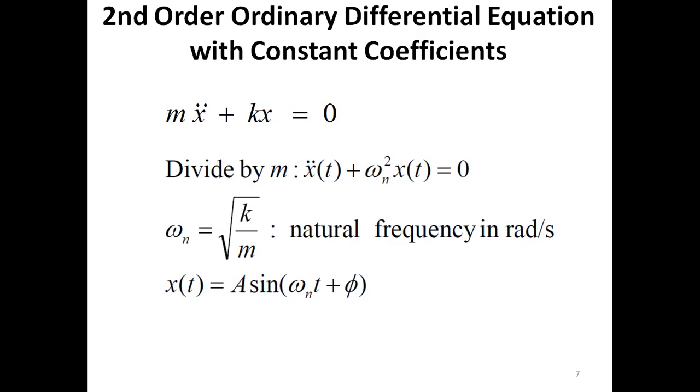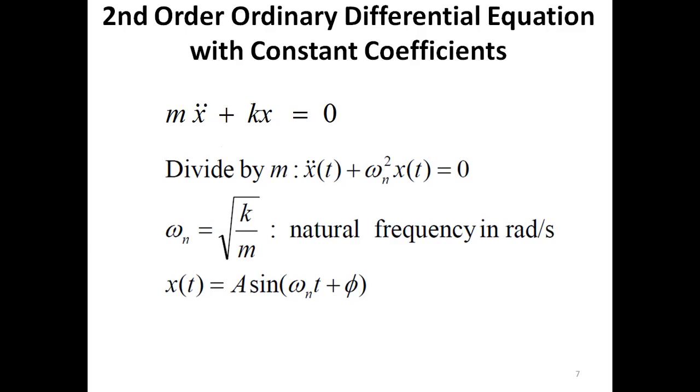The independent variable is only one, which is t. So we would have the ordinary differential equation. And in the equation you could see that we are taking m constant, k constant. So it is a second order ordinary differential equation with constant coefficient.